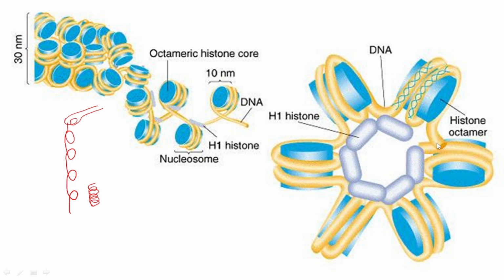In this picture, we can see the end of the first coil, and it comes out and forms another coil below the first one. I will show it here. Suppose this is the first coil. It is composed of so many nucleosome units, and its end comes like this and forms another coil, and another coil.